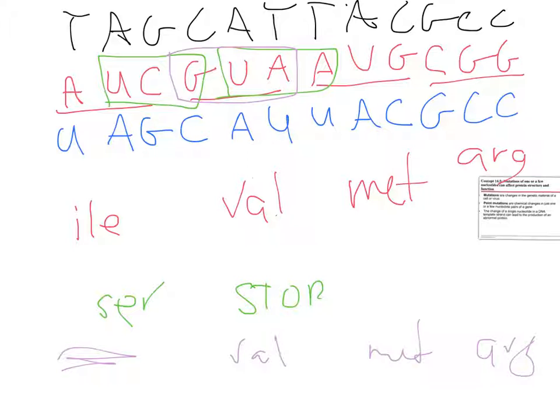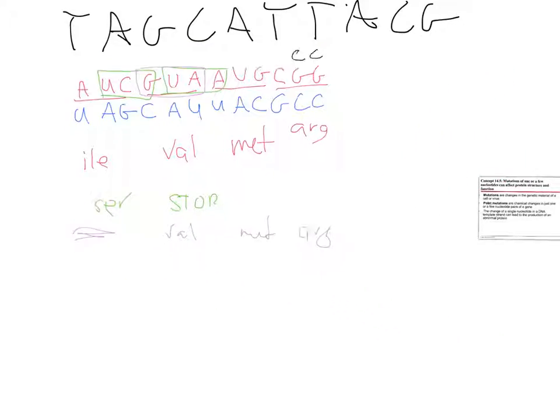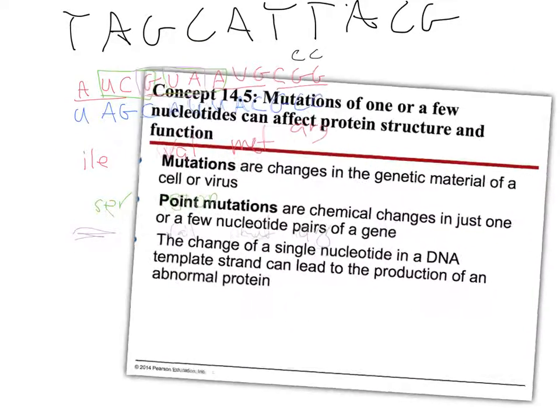Advantageous means maybe it has a growth advantage over other cells, and that could actually drive mutation of organisms. It could be disadvantageous, and the cell could die, which also has important evolutionary consequences.